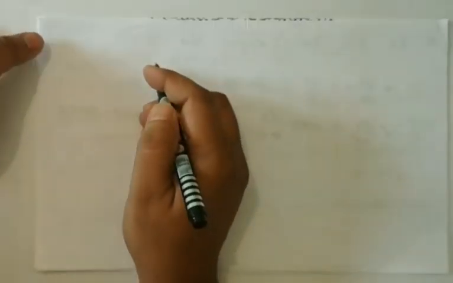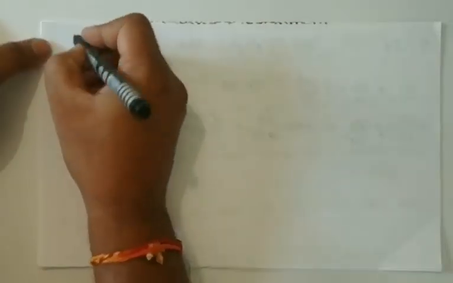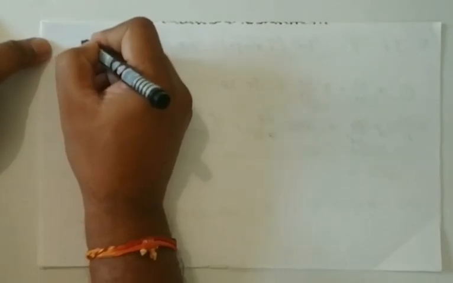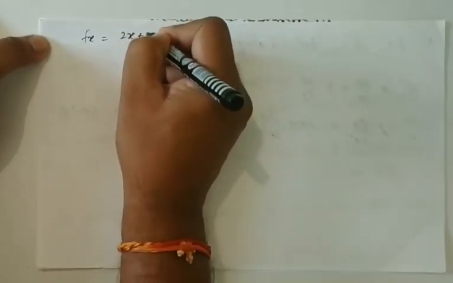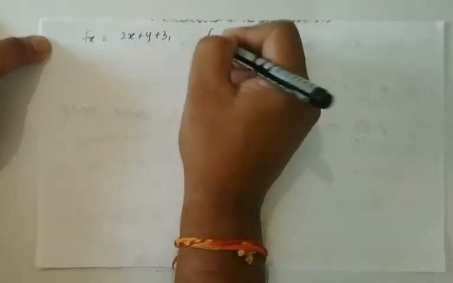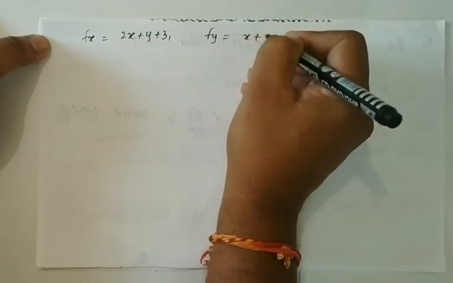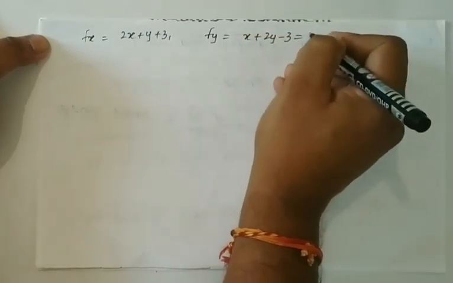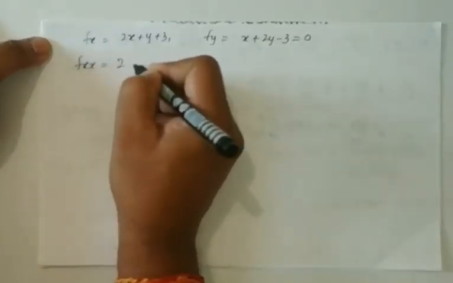Next, the second step is over. Now the third step. In the third step, we have to find fxx, fxy, fyy. Already we know fx. What is fx? fx is equal to 2x plus y plus 3. fy is equal to x plus 2y minus 3. Tell me fxx. fxx is 2.